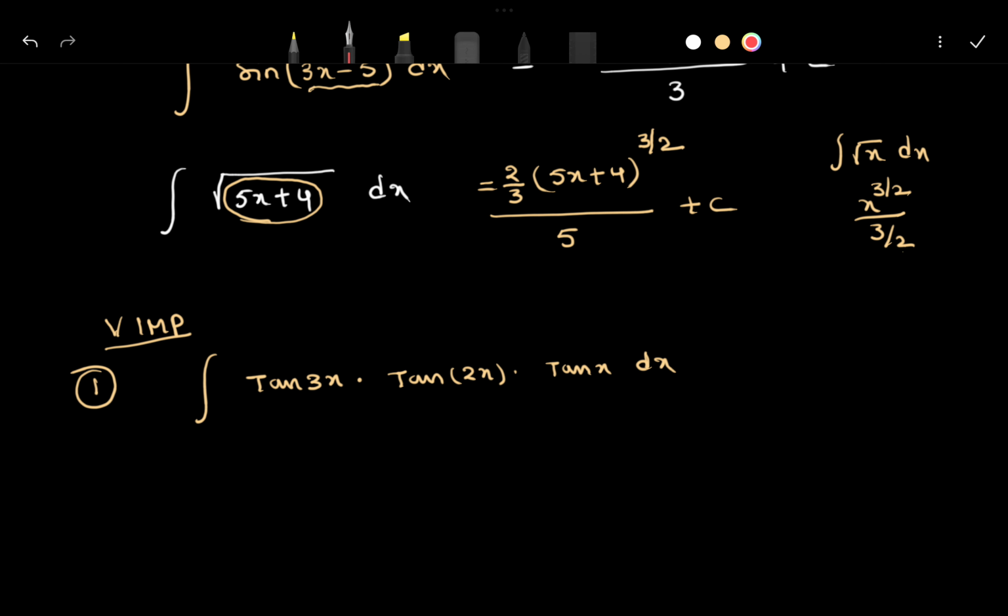So all of you understand one important formula. What is that formula? If a is equal to b plus c, then tan a into tan b into tan c is equal to tan a minus tan b minus tan c.